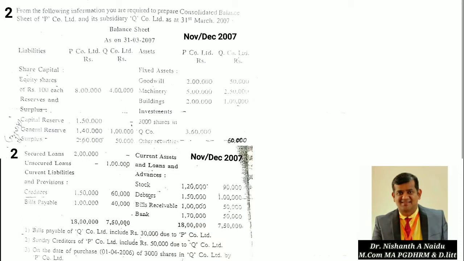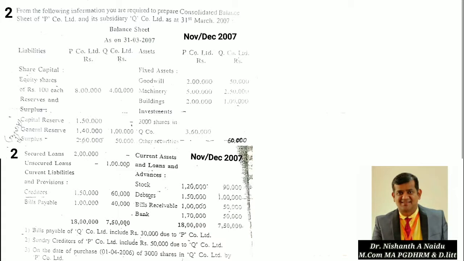Creditors rupees 1,50,000 for P Company Limited, and for Q Company Limited it is 60,000 rupees. Bills payable rupees 1 lakh P Company Limited, rupees 40,000 Q Company Limited. P Company Limited total 18 lakh, Q Company Limited total 7,50,000 on the liability side.